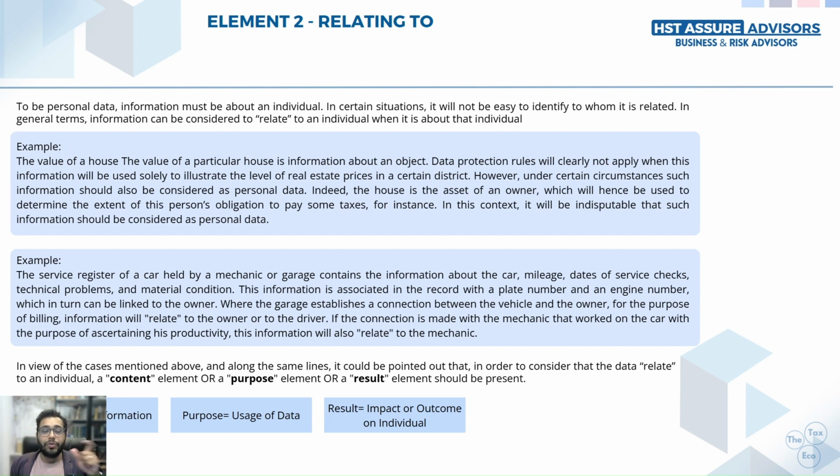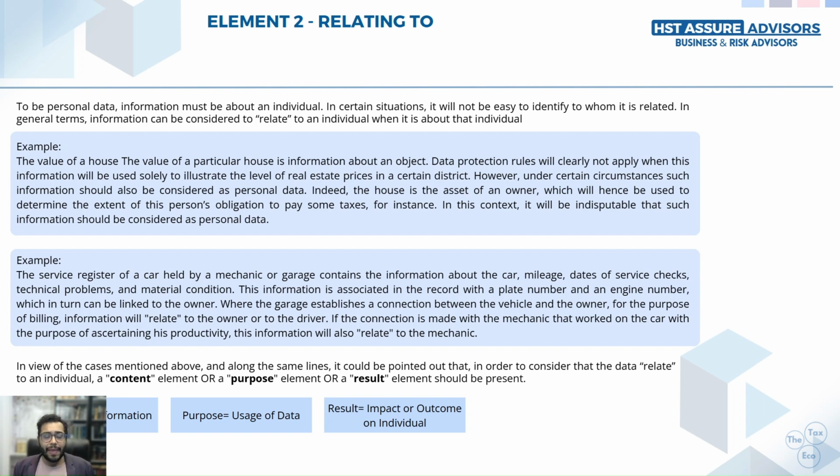And third is the result, the impact or outcome on the individual. Now let's say for example, there is personal data, medical related records of a particular person. Now if those medical related records of the particular person are available with a data controller, as of now park it, like what is a data controller, but understand that a person who is processing the data, like a collector of data.